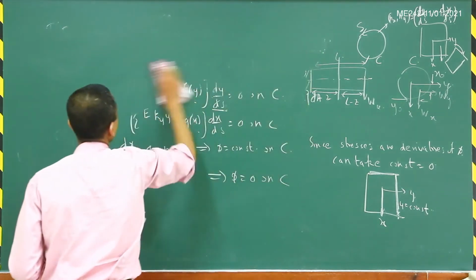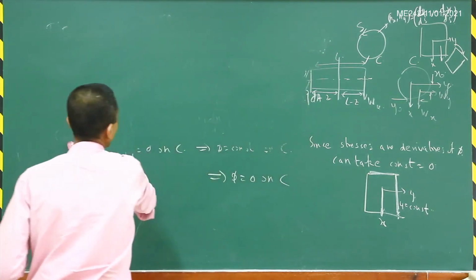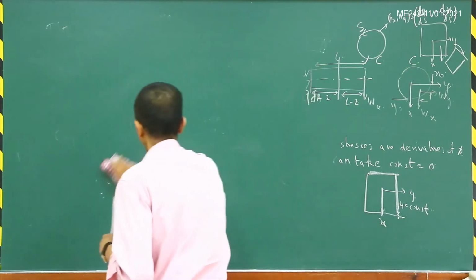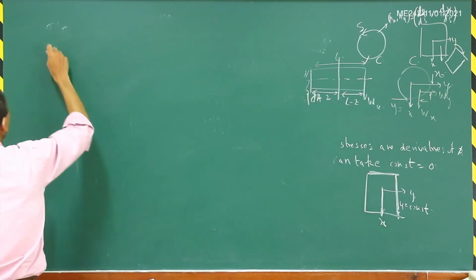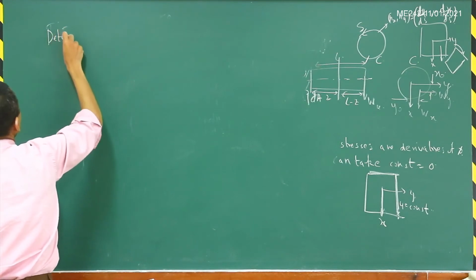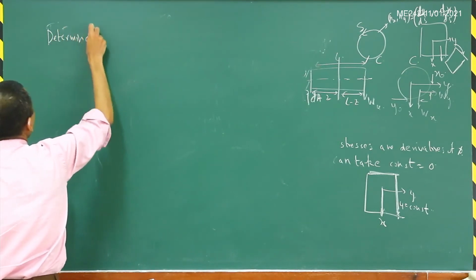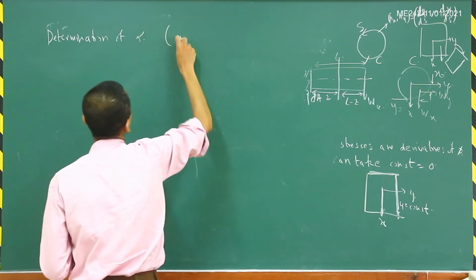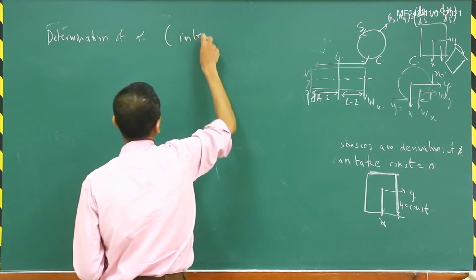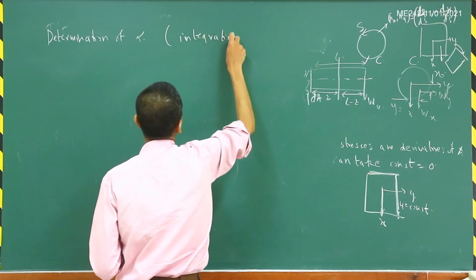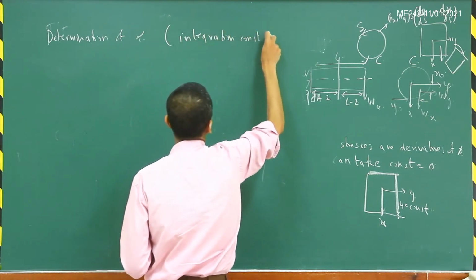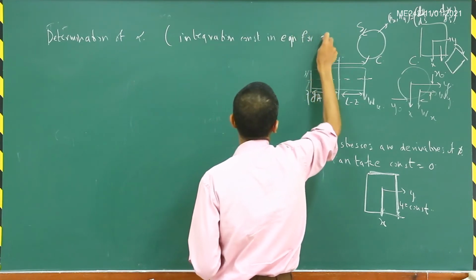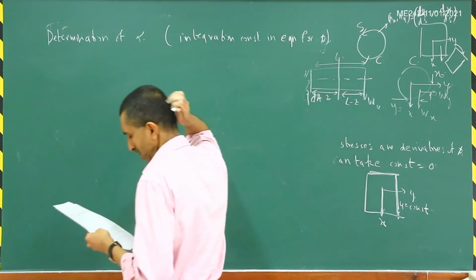Okay. So let us now talk about the determination of alpha. This is that integration constant in the equation for phi. So let us try to see this.